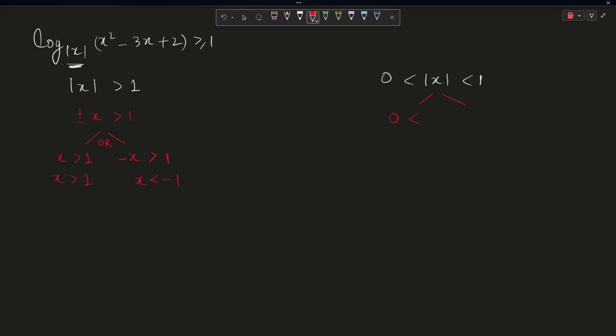One, when mod x opens as x and is less than 1, and when mod x opens as minus x and is less than 1. To remove the minus sign from x, we will multiply the whole inequality with minus.